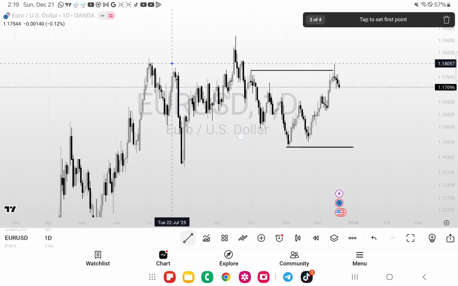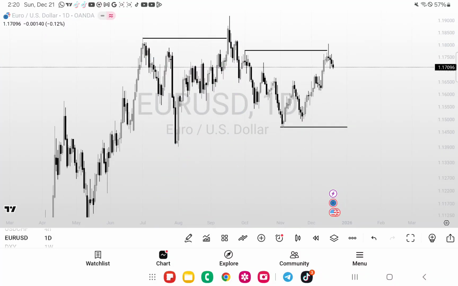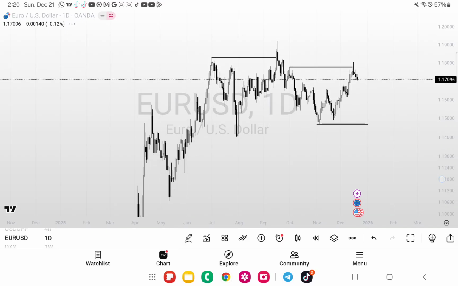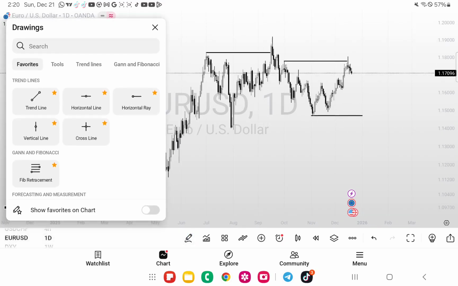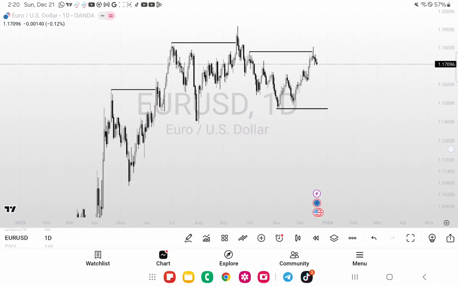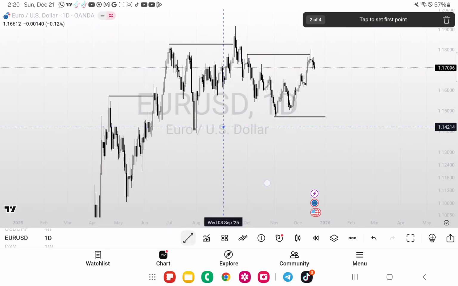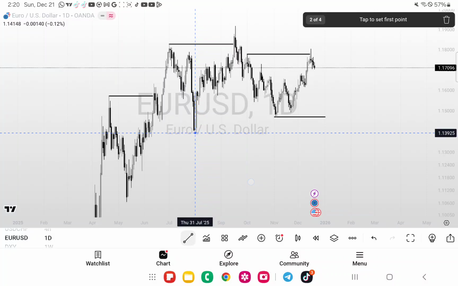So now on the daily, we have this break of structure here, as you can see. We have another one here, but that one is like a false breakout. So this is another one here. Then we have this low, and also this low.